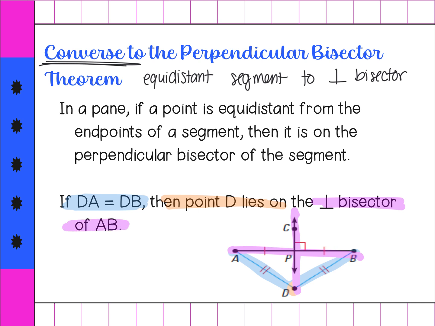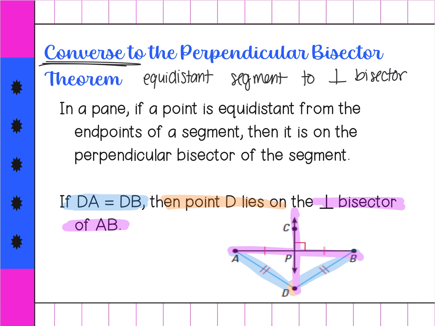So this one I'm going from an equal distance segment to a perpendicular bisector. This is the converse. The perpendicular bisector theorem by itself was from a perpendicular bisector to then equal distance segments.